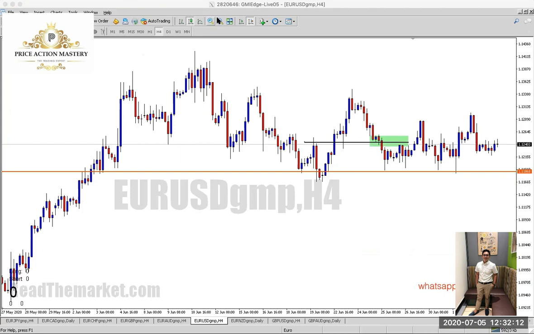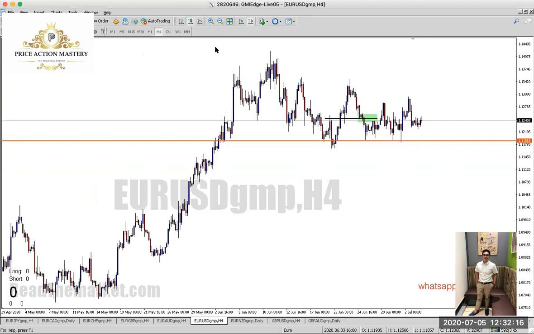Basically, Euro USD is in an uptrend. From last week, we can see the market trying to break here, cannot, break here, cannot, because this is our key line. This is not support, this is our key line. There's something forming that is helping and defending the key line. So this is our key line area.